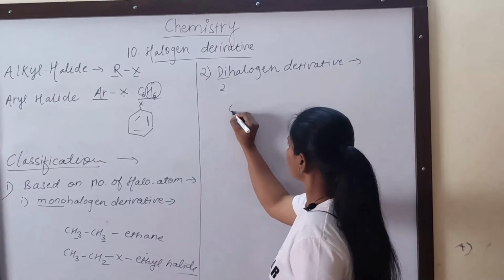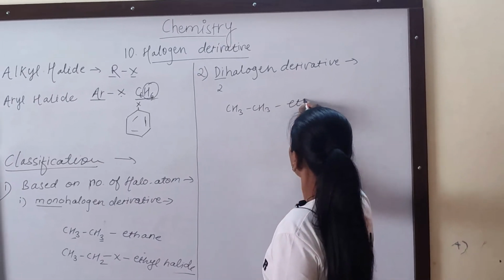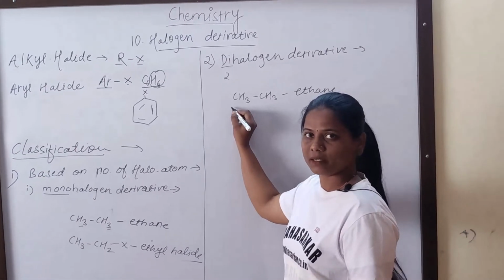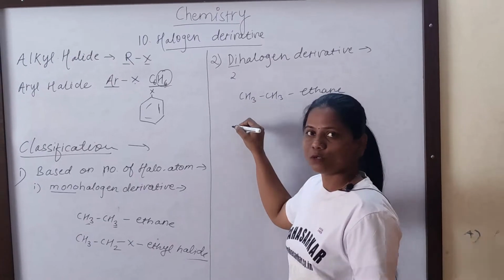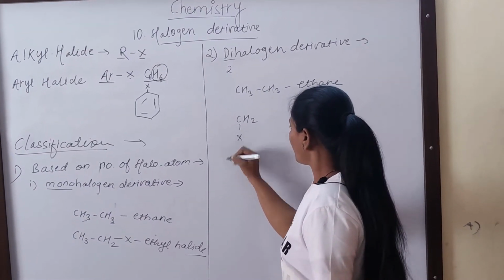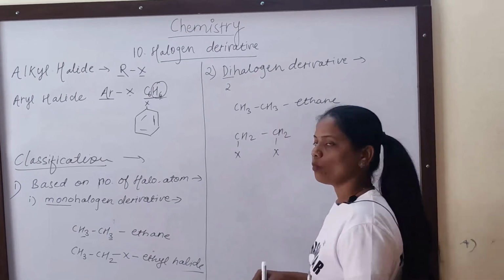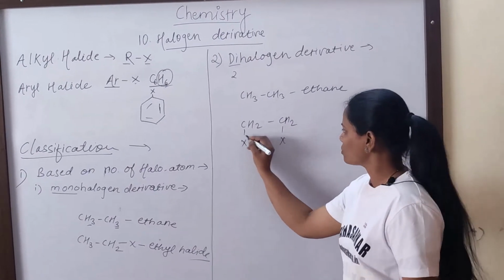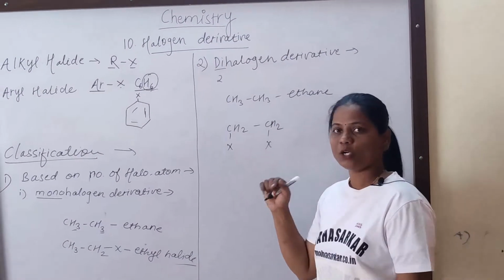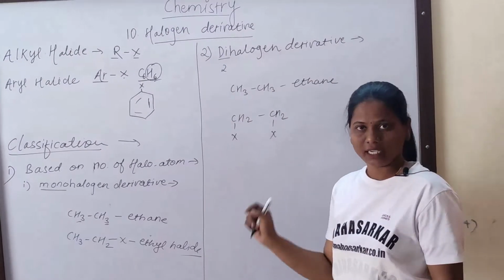For example, CH3, CH3. This is ethane as usual. Now out of these two carbon atoms, one carbon atom will lose one hydrogen, and instead of that it will attach one halogen atom, CH2X. So how many hydrogen atoms are replaced? Two hydrogen atoms are replaced by two halogen atoms. Then it is known as the dihalogen derivative.